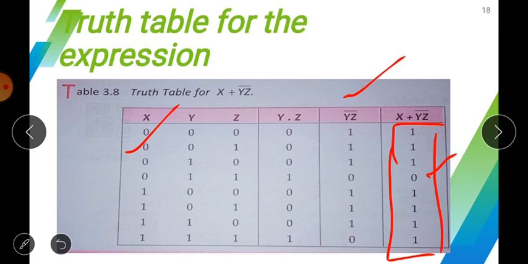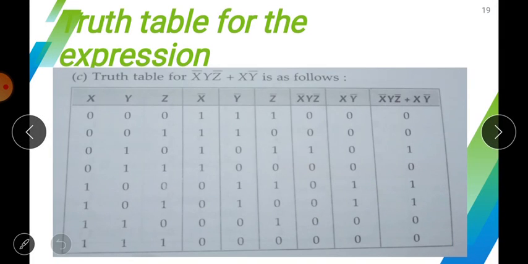So here you have one more example. In this example you can see x, y, z, x inverted, then y, then z inverted, plus x, y and y inverted, as follows.